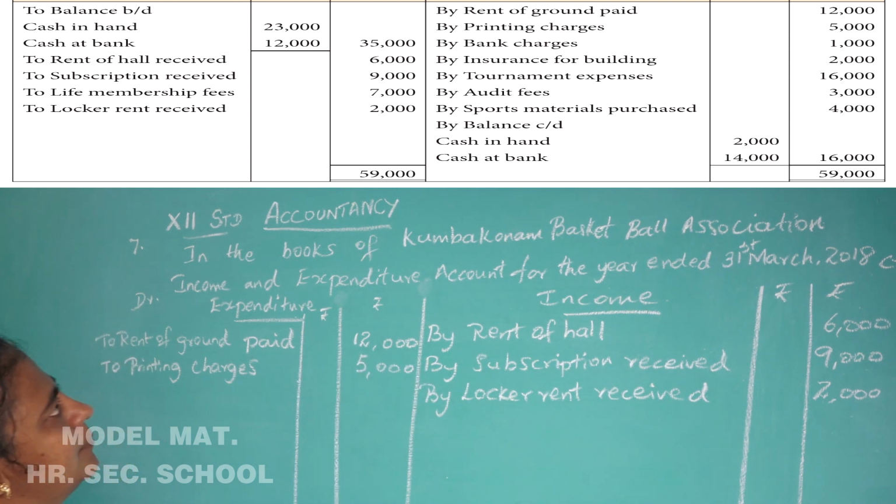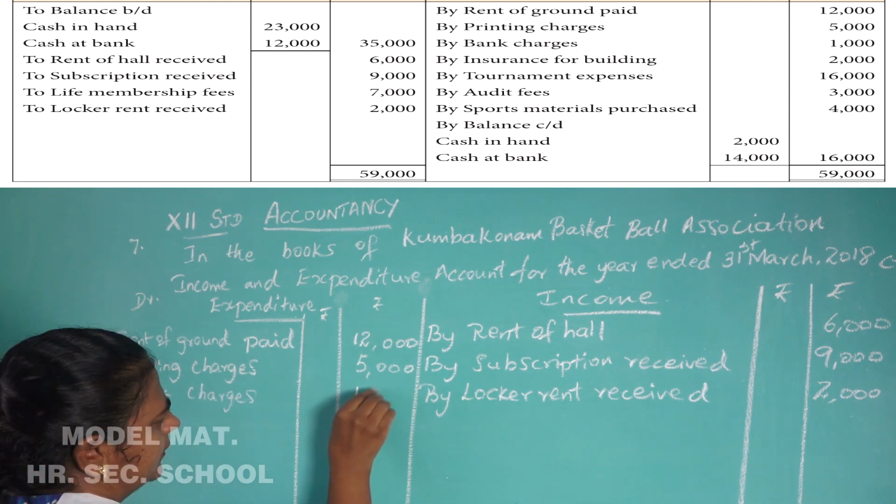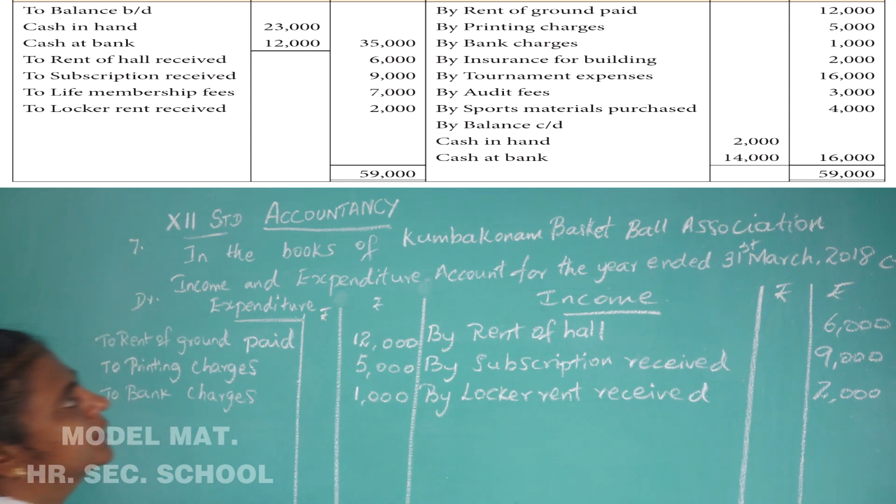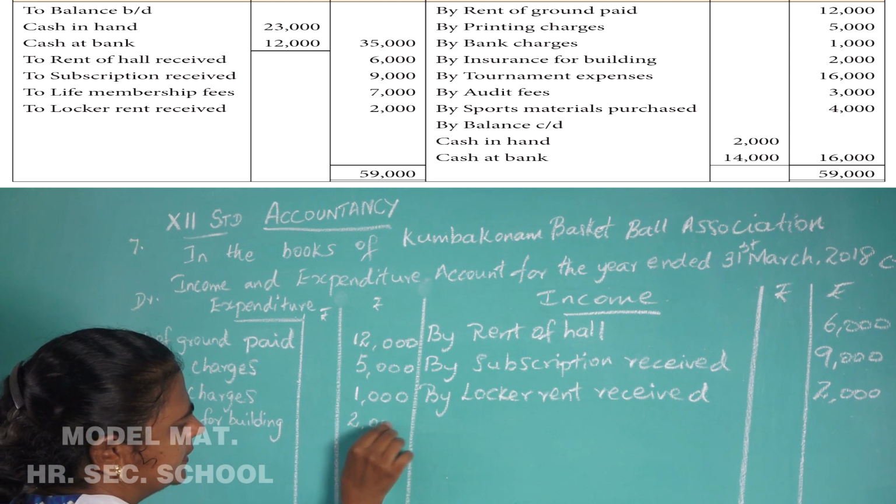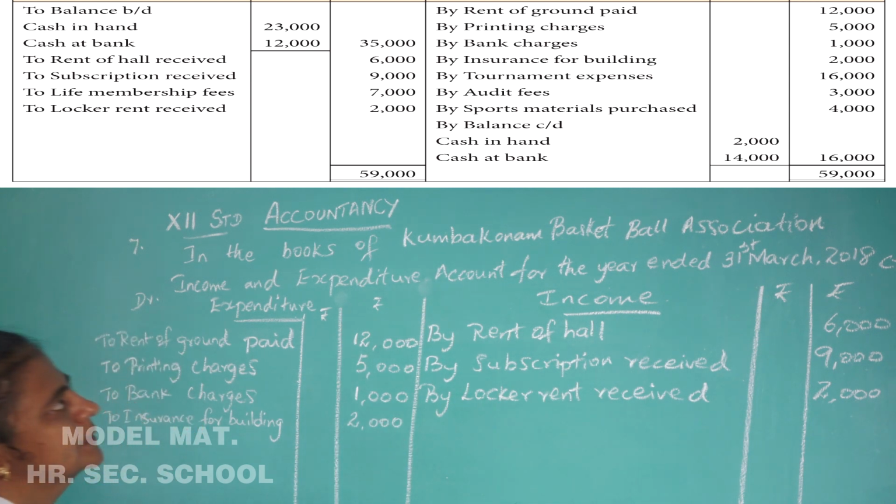Okay. Next, bank charges, 1,000 rupees. That is also an expense. To bank charges, 1,000 rupees. Next, insurance for building, 2,000. That is also an expense. To insurance for building, 2,000. Next, tournament expenses, 16,000.